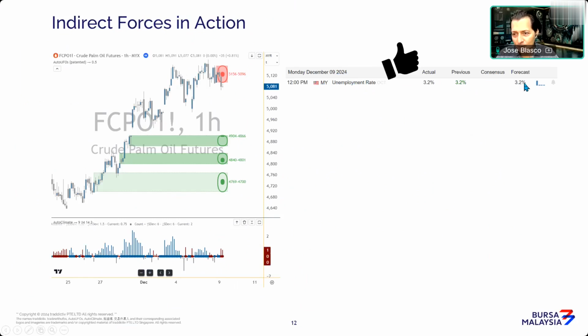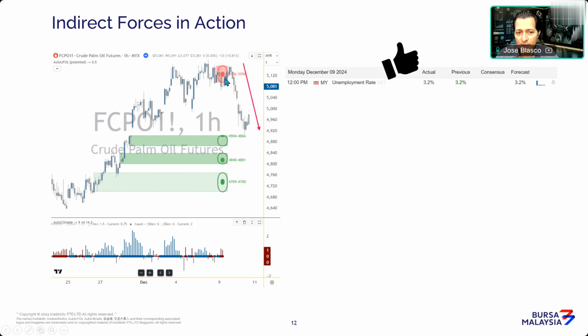Everybody thought it was going to be 3.2, and the report is 3.2, meaning that, okay, there is not an improvement on unemployment in Malaysia, but at the same time, it's not like the economy is going worse. We have the same type of number, so a person could be optimistic about it and say, you know what, that's good news. Or maybe at least you could say it's neutral. But look at what just happened. With this neutral or good news, the market collapsed pretty heavily.